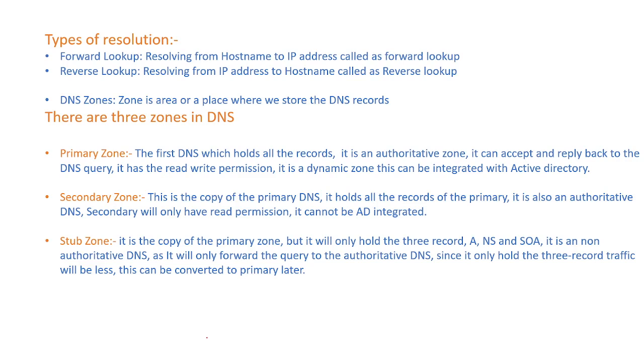The first one is primary zone, second one is secondary zone, third one is stub zone. Primary zone means it is the very first DNS, which holds all the records. DNS has multiple types of records: A record, NS record, MX record, SRV record, SOA record.